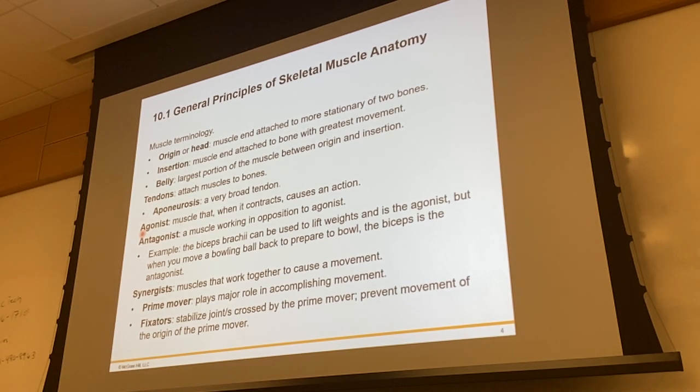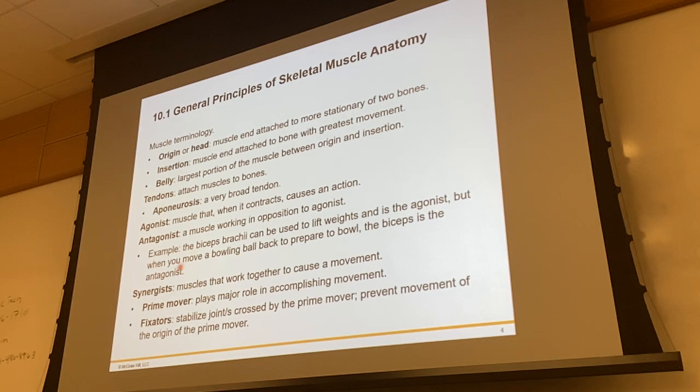An antagonist is a muscle working in opposition to another muscle, or one group of muscles is working in opposition to another group. Do you guys have questions? So the simplest example: the biceps brachii is contracting, and the antagonist is the triceps brachii.